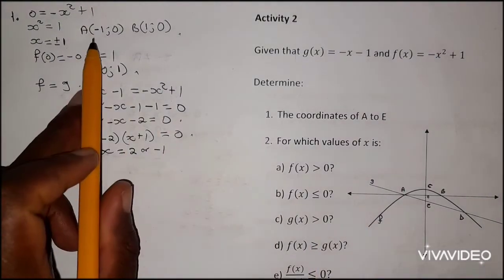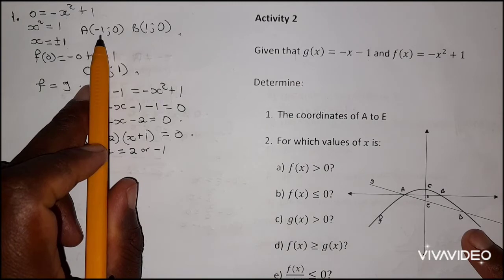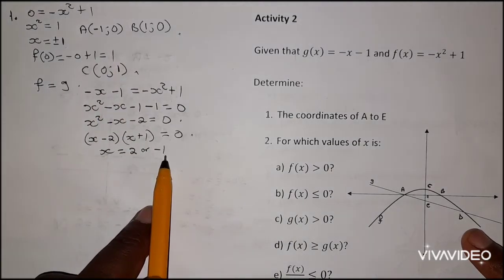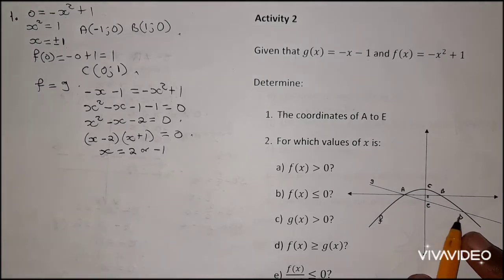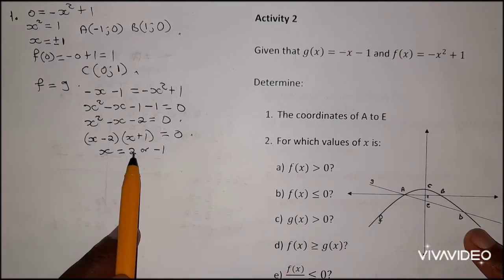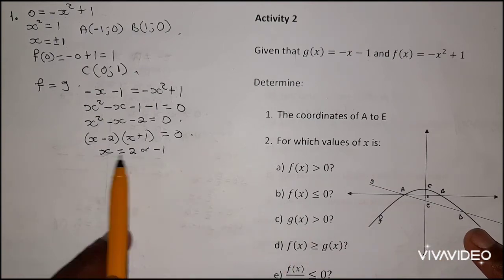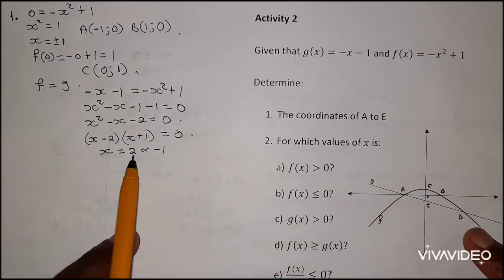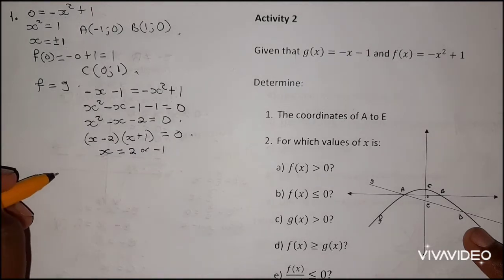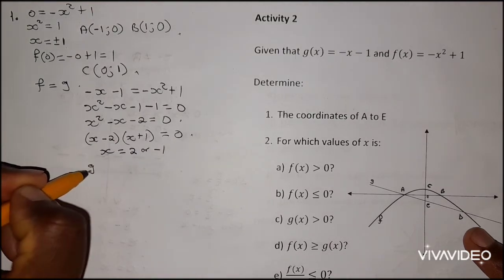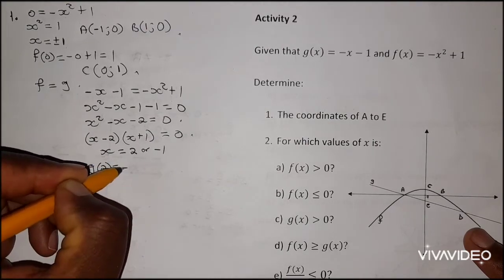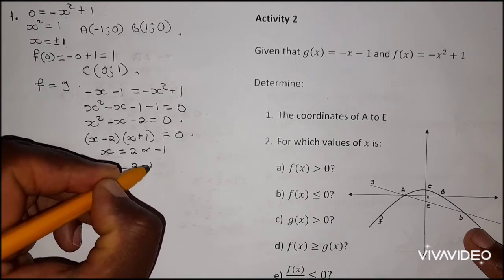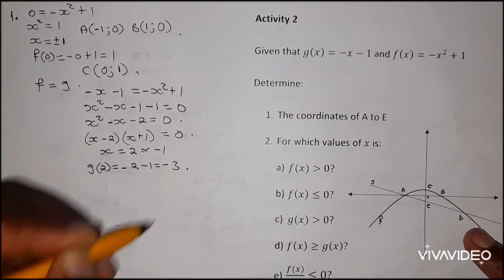Remember, for A, we had -1 already. So obviously, if A is -1, D is going to be +2, right? So for the coordinates of D, we have the x coordinate. We need to find the y coordinate. Let's use G. So G of 2 is equal to -2 minus 1, which is equal to -3.